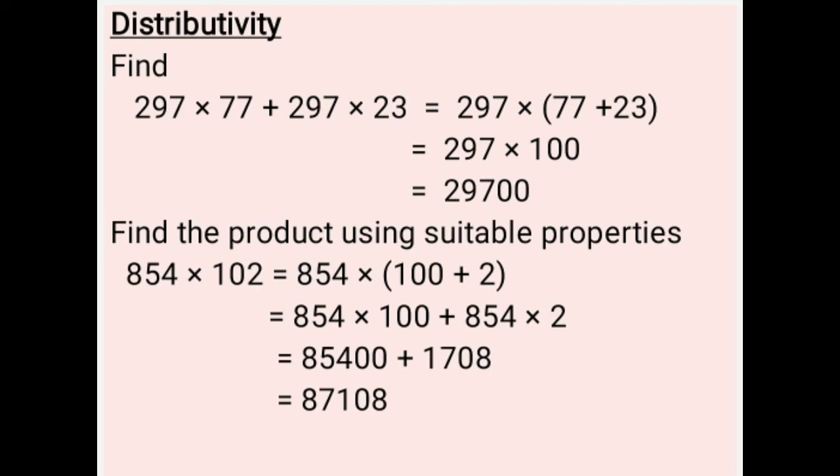Then let us expand or open the bracket. These topics are also included in the first chapter, so after learning distributivity, you can easily understand the topic. Expanding the bracket, it is 854 into 100 plus 854 into 2. 854 into 100 is 85,400, plus 854 into 2 is 1708. So their sum equals 87,108.